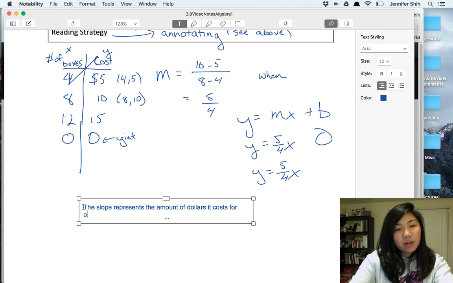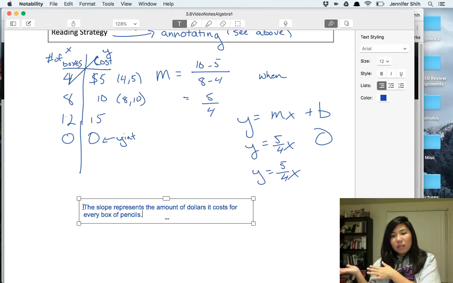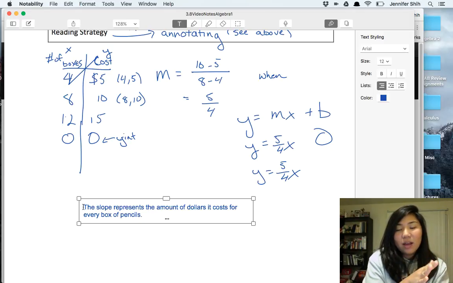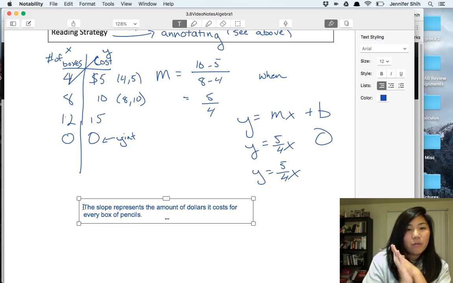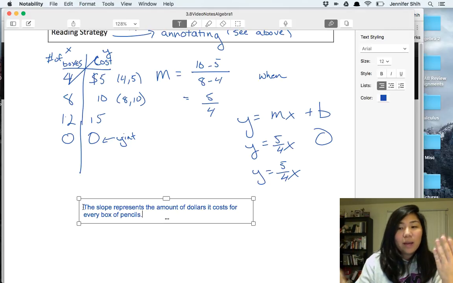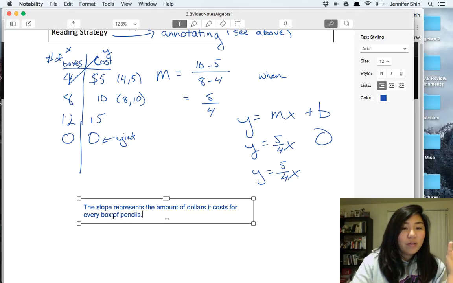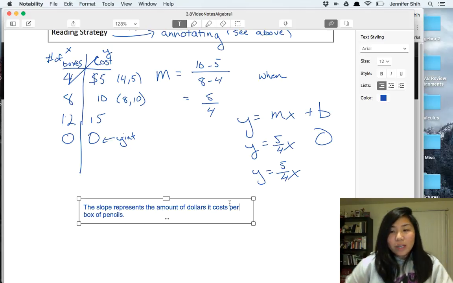When I buy 1 box, it costs 5 over 4, $1.25. If I buy 2 boxes, it'll be 2 times that amount. So the slope means that every time I buy a box, I multiply by 5 over 4, which is the cost per box. So it's not every box, it's per box. Cost per box of pencils. It is a rate. In fact, it is a unit rate.